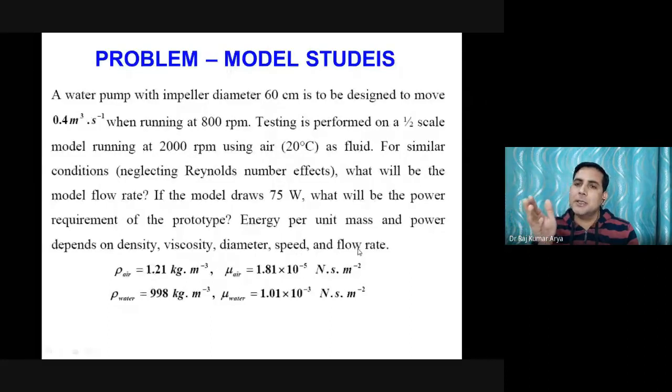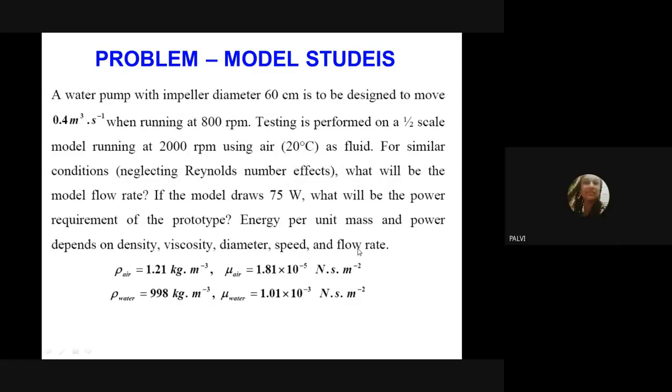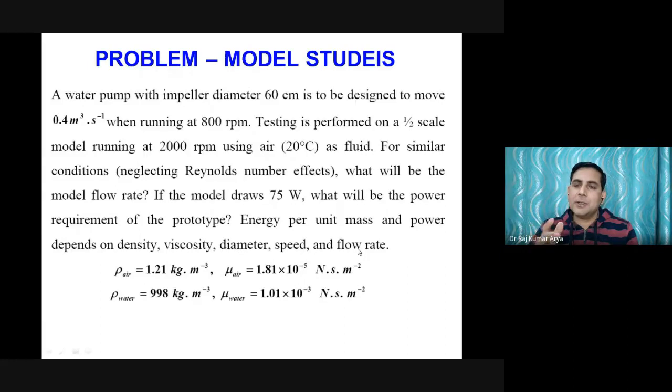So your heat capacity will not come into the picture. Also, if you don't have a very small diameter, capillary rise or fall will not be there, so no need to consider surface tension. If you take them also, it's not wrong.